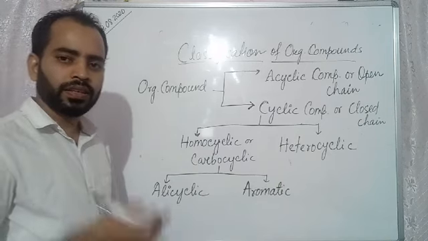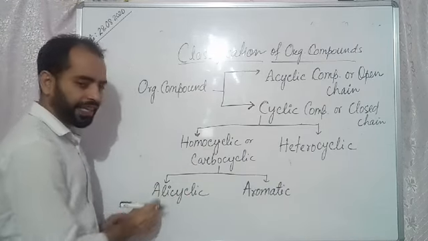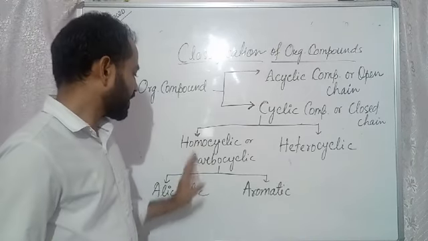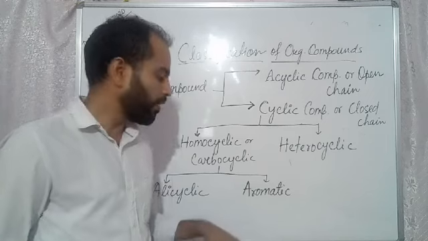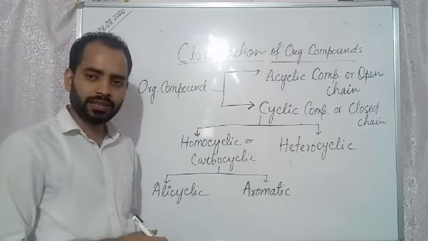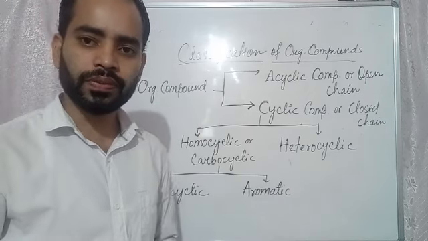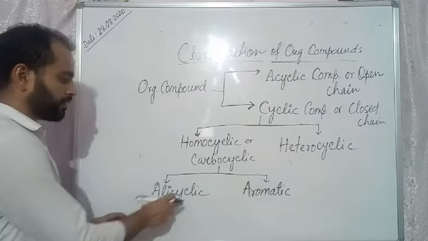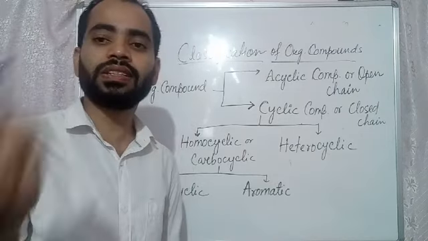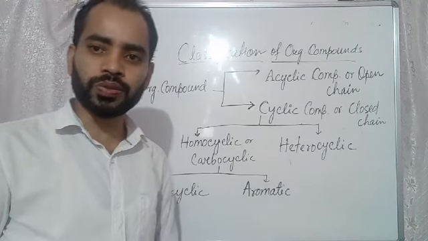Alicyclic comes from two different words, that is ali and cyclic. That is aliphatic cyclic compound. So homocyclic compound can be aliphatic or aromatic. If it is aliphatic, then it is called alicyclic, and if it is aromatic, then it is called aromatic compound. Now you may ask, what is alicyclic, what is aromatic? We will discuss when we discuss individually. Then it will be more clear to you.